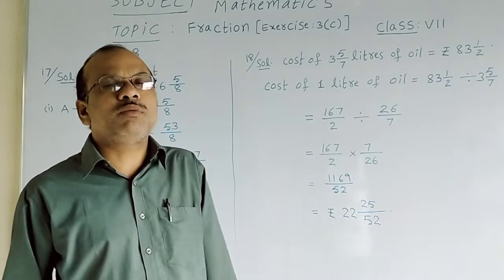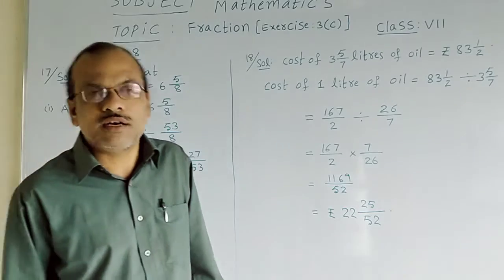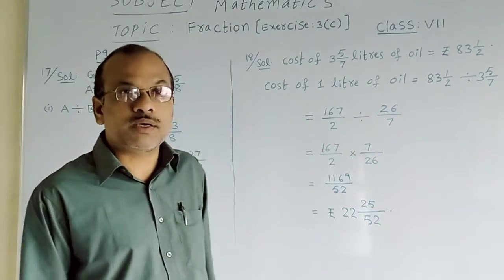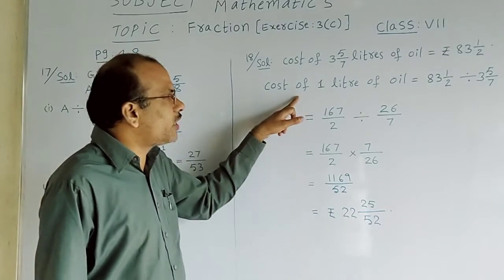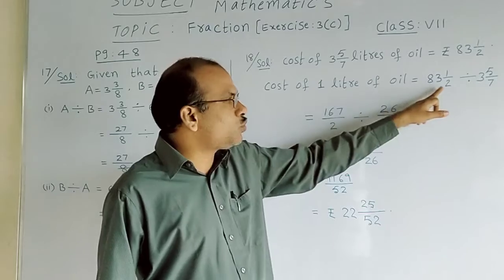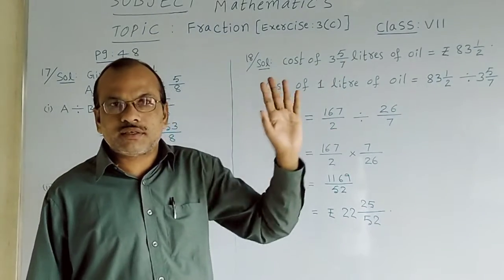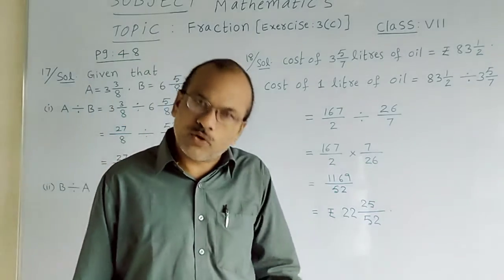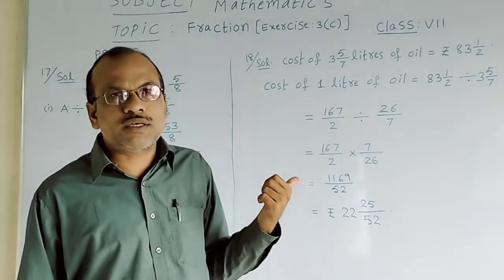Then 5 rupees will be the cost of 1 liter of oil in the example. That means division is needed. Same way, the cost of 1 liter of oil is equal to the cost given divided by 3 5 by 7 liters. As we have done in the example, we are dividing it. Am I correct? Did you understand this part?